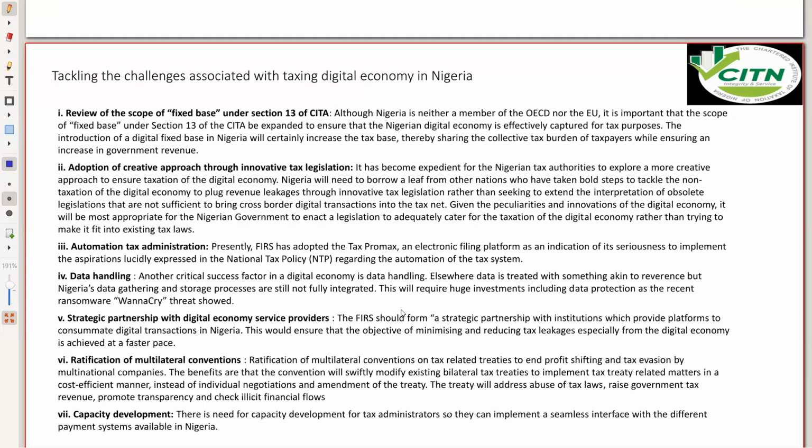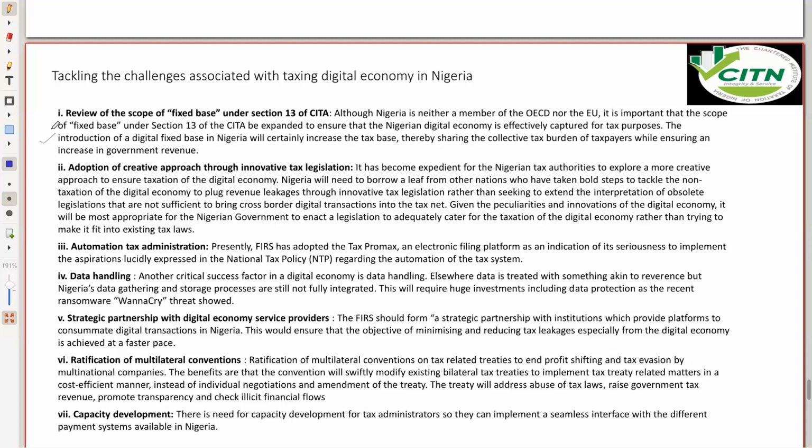One is the review of our tax laws. For example, Section 13 of CITA speaks to the concept of permanent establishment at a fixed base. The OECD rules provide some guidance around what a fixed base is and how to impose tax around this space.